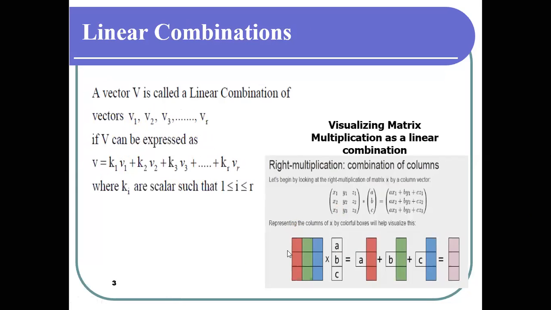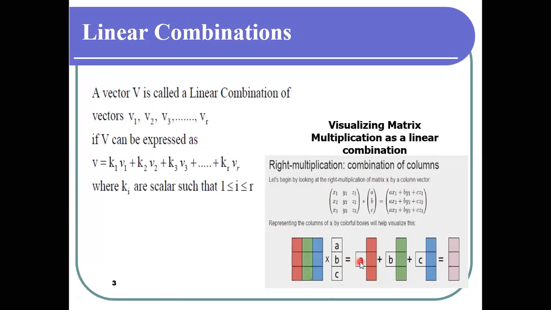If I can elaborate this with matrix multiplication, you can visualize the matrix multiplication as a linear combination. If you look over here, this is our first column, this is second, and this is third.